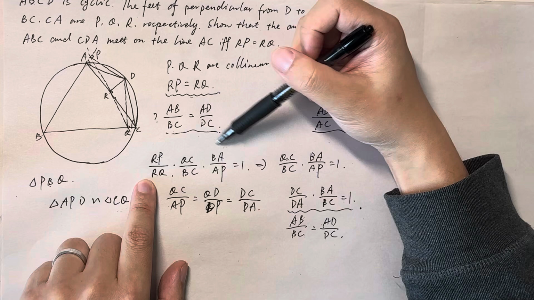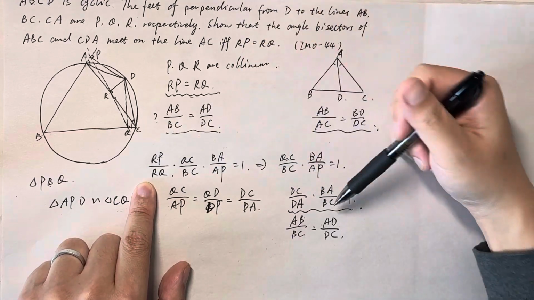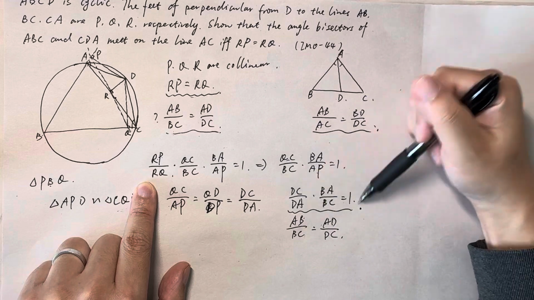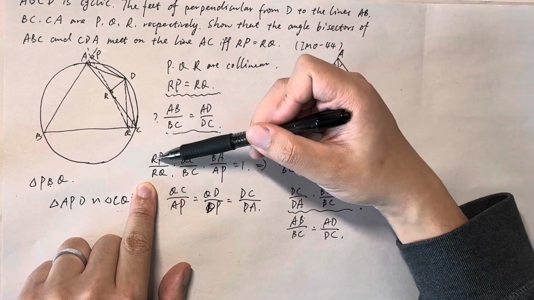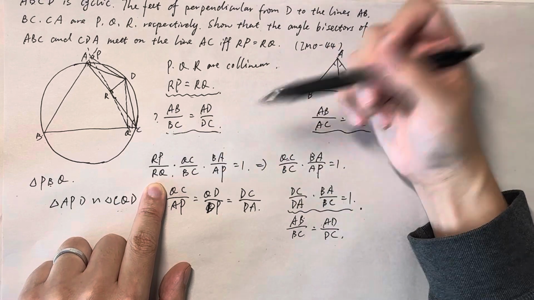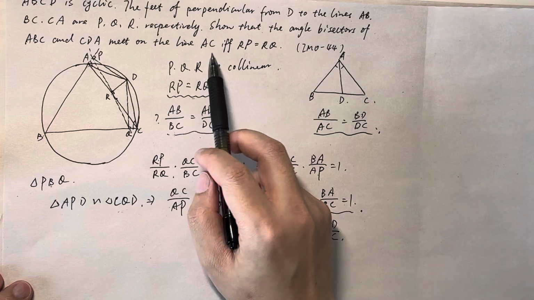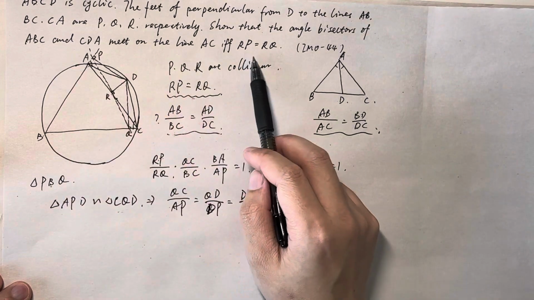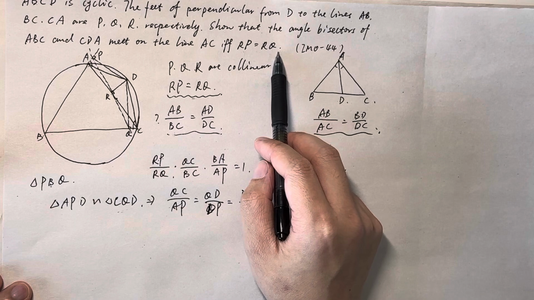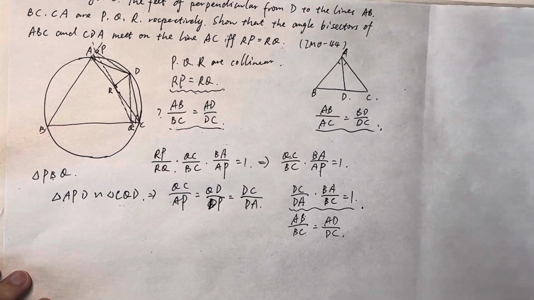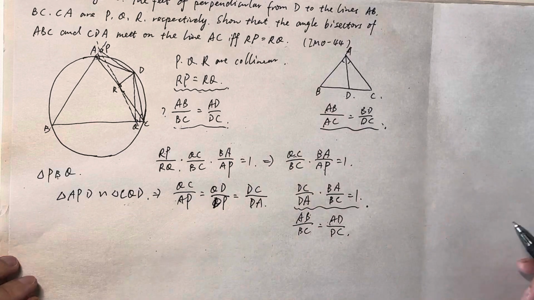This has to be valid because of Menelaus's theorem, and all of these are valid, which means this equals 1, so RP to RQ equals 1, which means RP equals RQ, right? That means this condition and RP equals RQ are equivalent. All of these are valid.